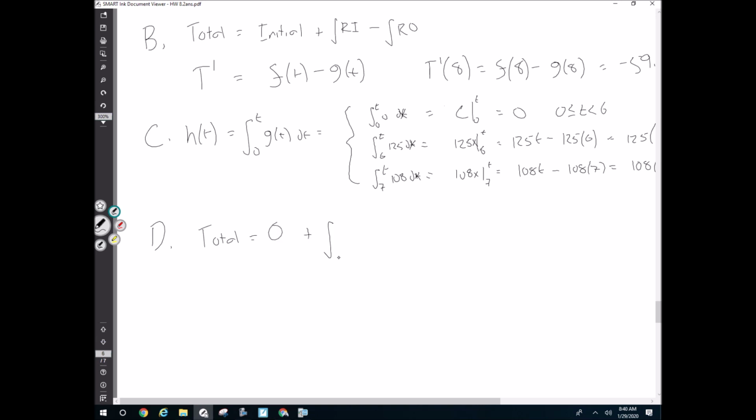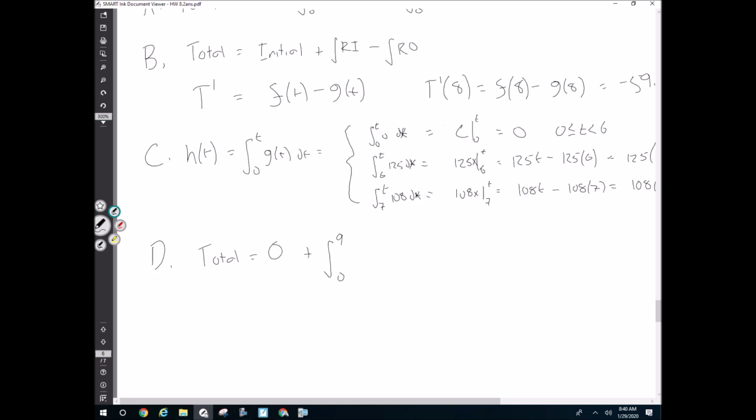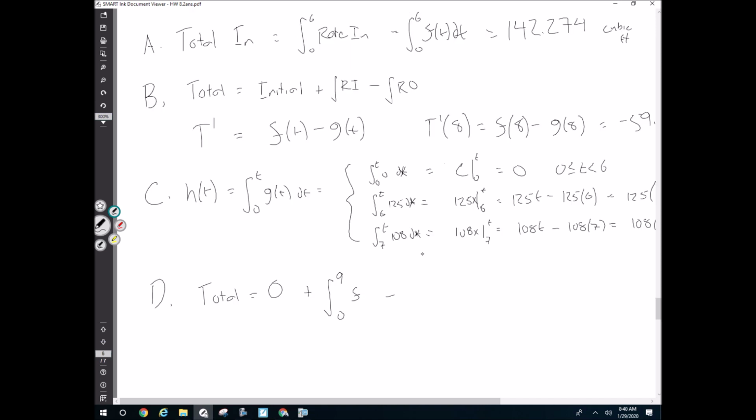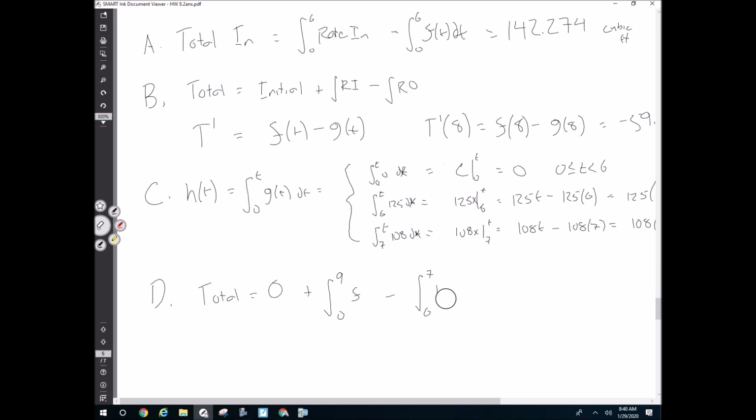I got snow accumulating, and this is going to 9 a.m. of F. I'm going to subtract 6 to 7 of 125. That would be one of my rates out. And I'm also going to subtract from 7 to 9, 108.